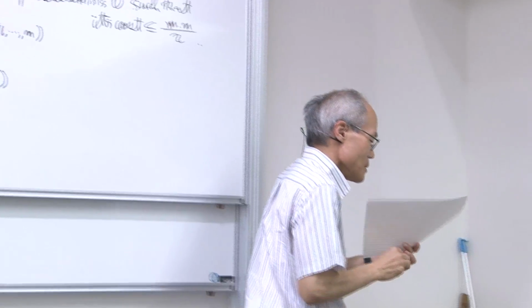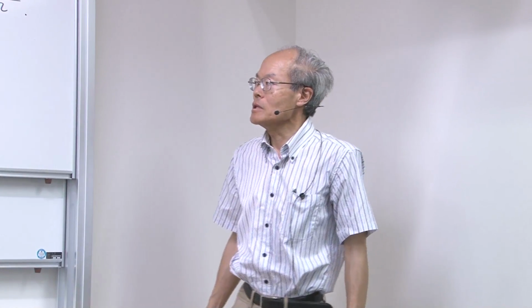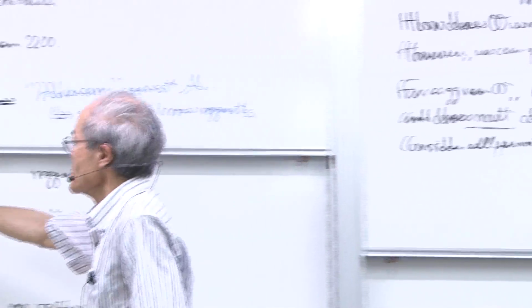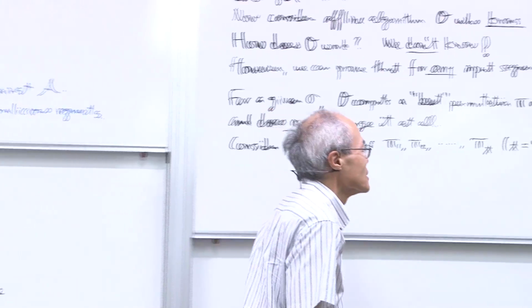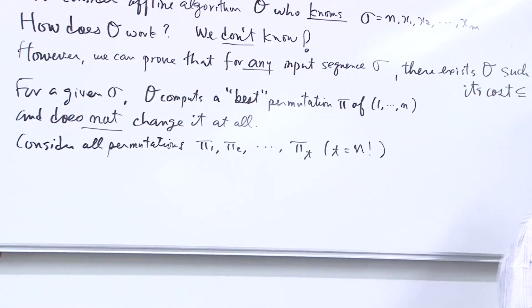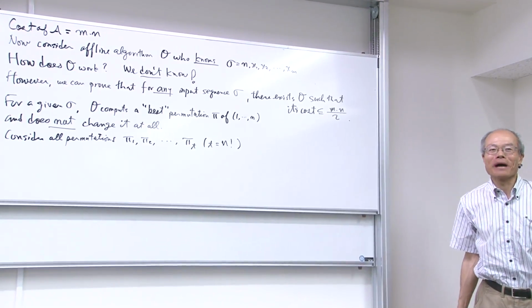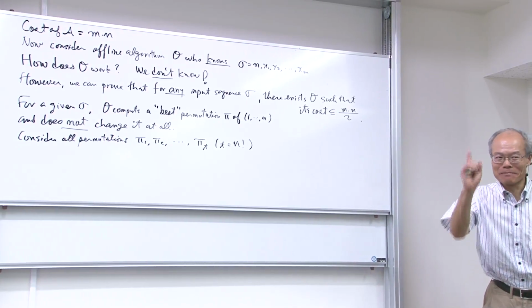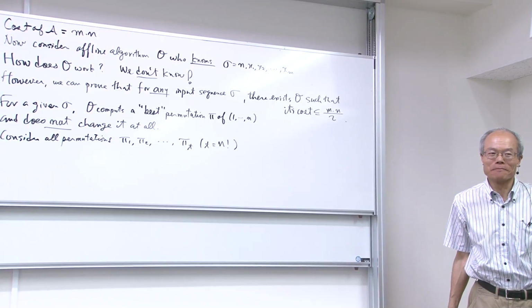Now let's consider all permutations pi 1, pi 2 through pi t. t is equal to n factorial because the length of the list is n. So let's consider all permutations. Then we can prove that there is a best permutation pi among these permutations. That is our proof.